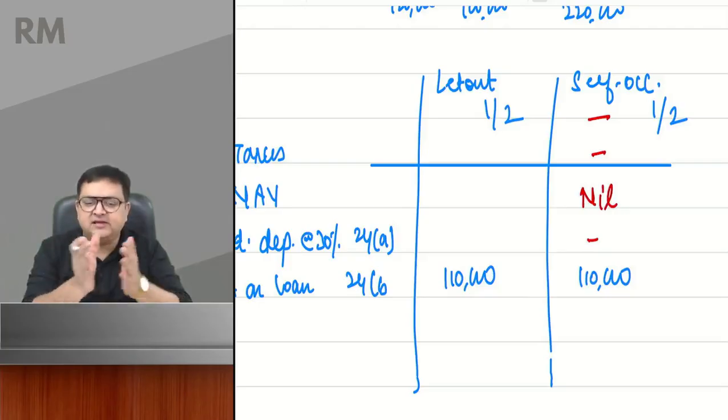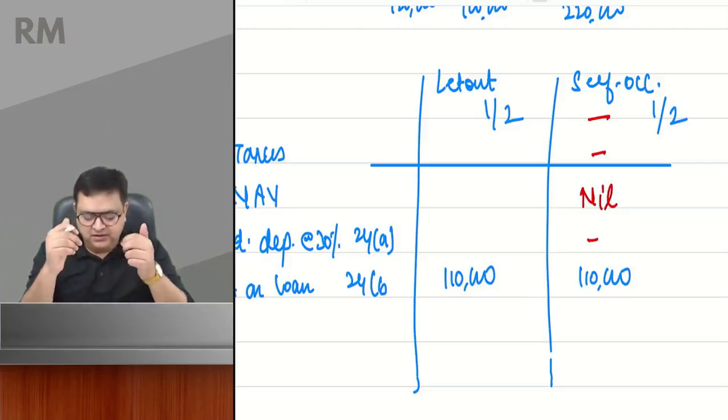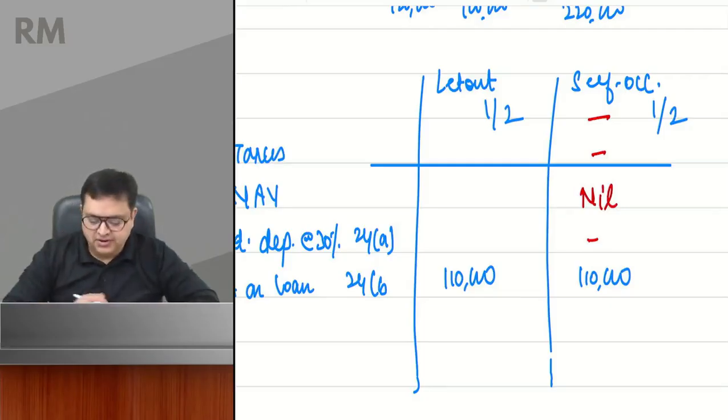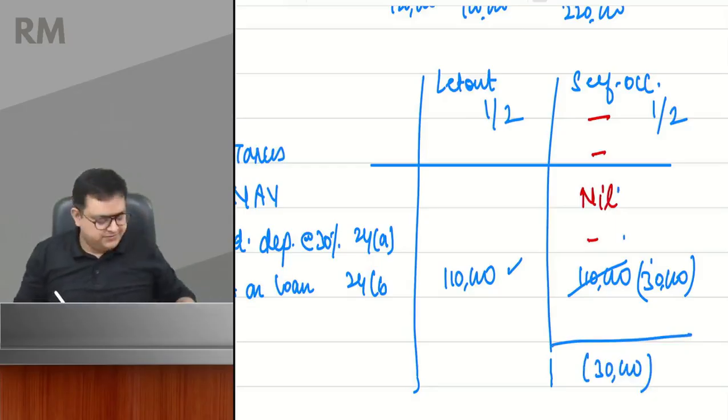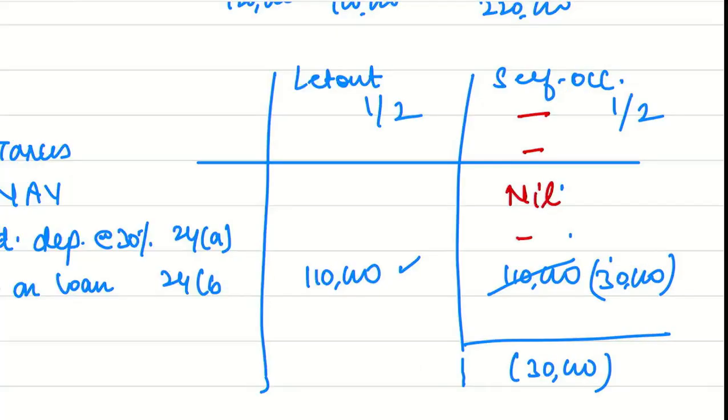This is the year's interest. 1,10,000, 1,10,000 is for each floor. But here we can get 110 without any limit. But here we will get only 30,000. All agree? So nil minus this minus this. So it would be negative 30,000 as the house property income for this particular floor. I believe that you understood this.